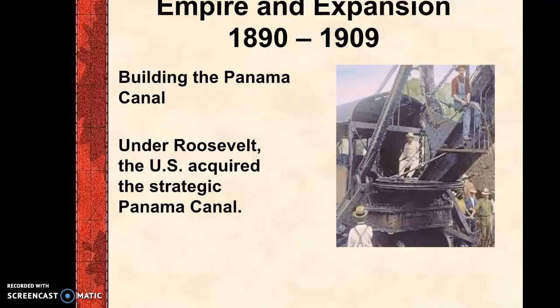And Roosevelt helped to engineer an uprising of Panamanians against the Colombian government, and through some pretty shady dealings, the United States ended up acquiring the control of the Panama Canal and signed a long lease with the newly independent country of Panama. And this became another part of America's overseas empire. Next slide.